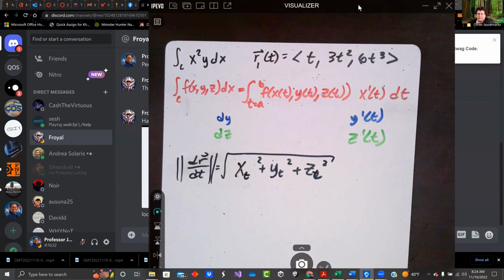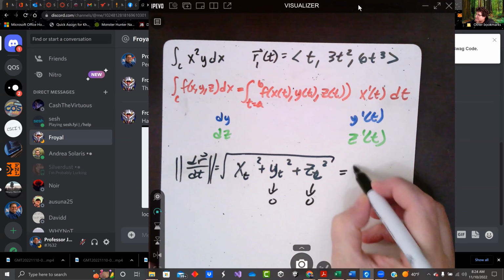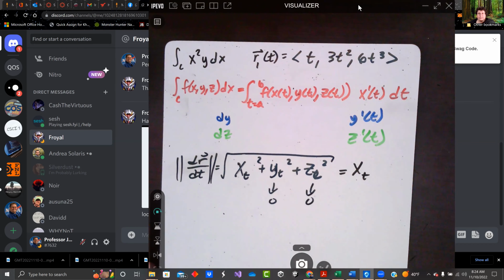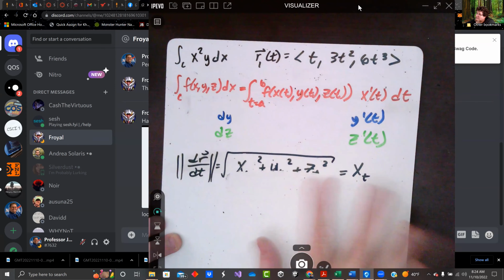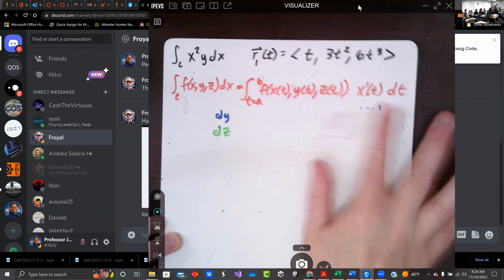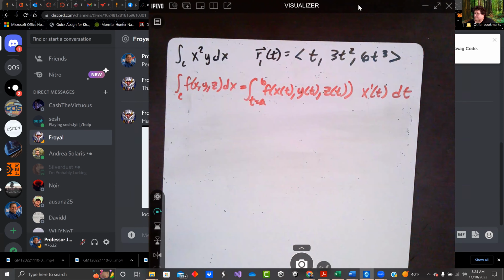But if we're only looking in the direction of x, then the other terms are 0, and this just ends up being x prime of t. So it's still the same dr dt, but stuff has changed. That was just explaining where it came from. It's in the video if you want more of that. This is for problem solving. Let's give it a try.